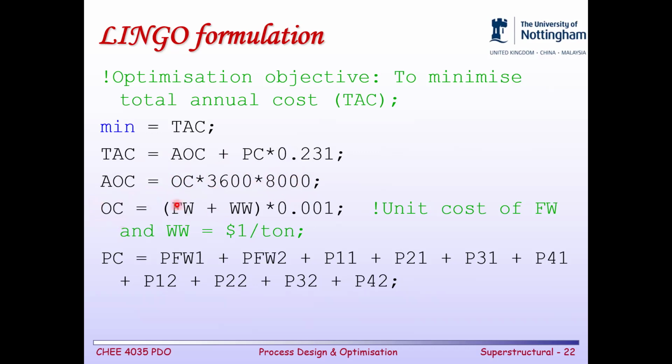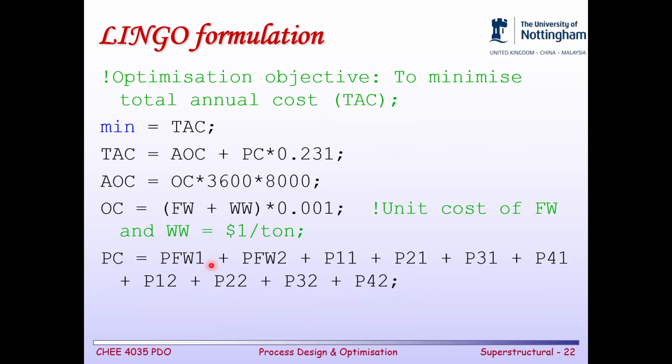Next, this is the operating cost, the flow rate of the fresh and wastewater. This is the cost. And then we have the piping cost, which is the total.